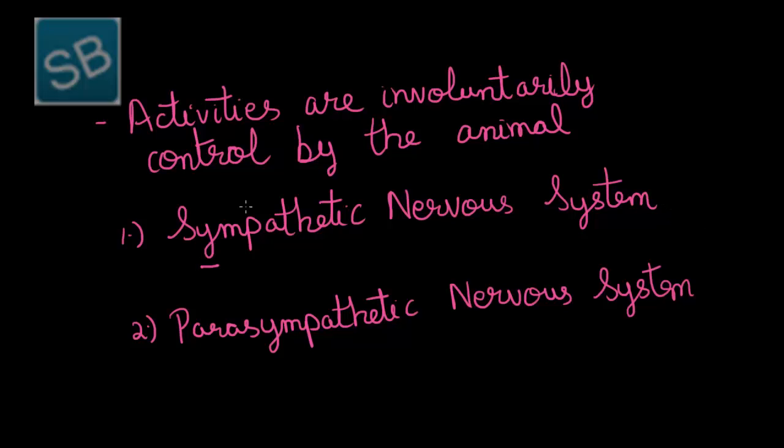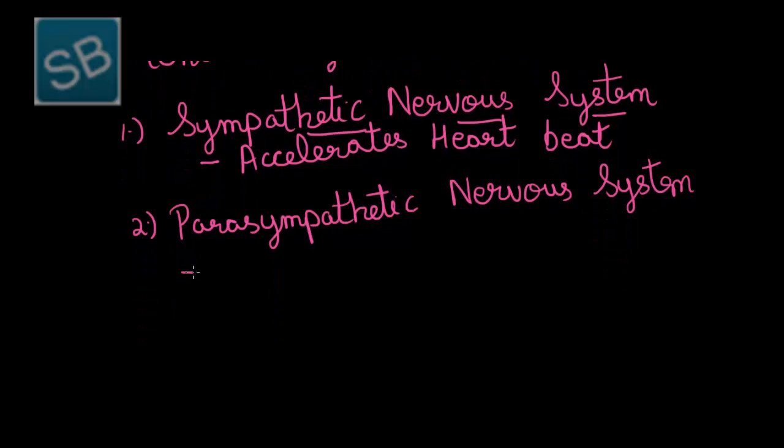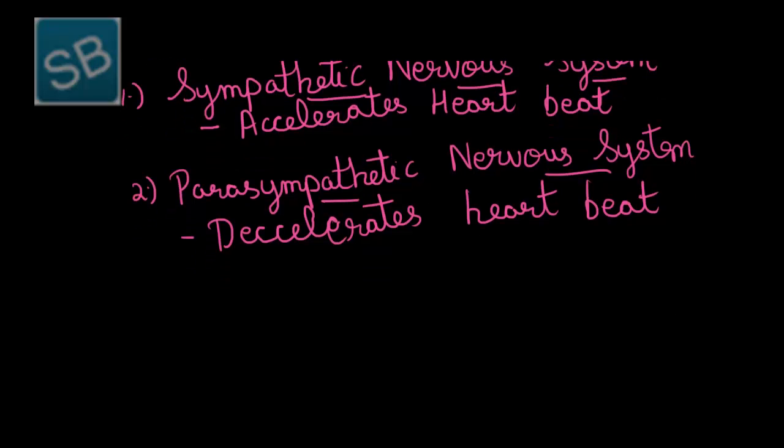For example, sympathetic nervous system accelerates the heartbeat and on the contrary, parasympathetic nervous system decelerates the same process. Therefore, the heartbeat is maintained by these two types of nervous system. Therefore, they perform complementary functions to each other.